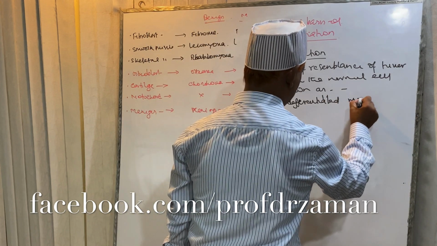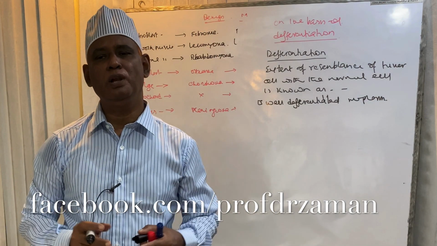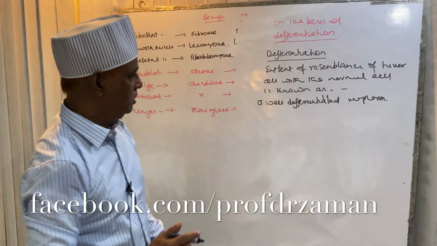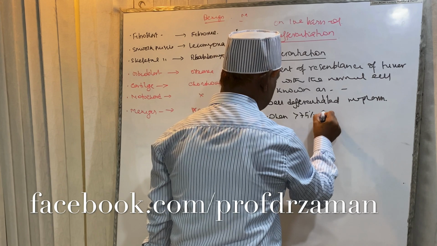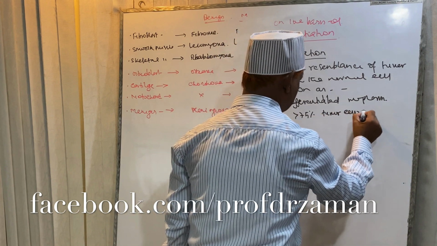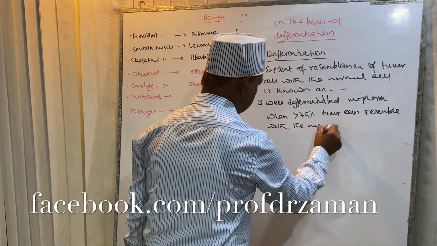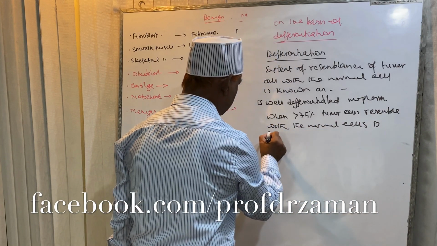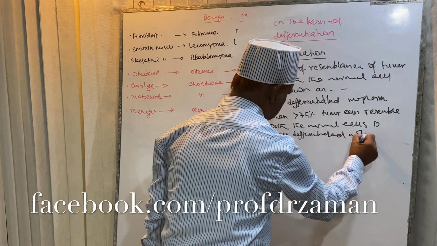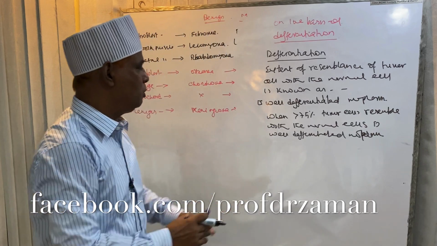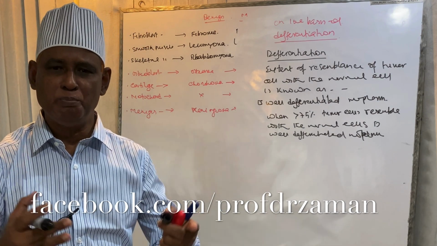We call a neoplasm well differentiated when more than 75% of tumor cells or neoplastic cells resemble the normal cells.